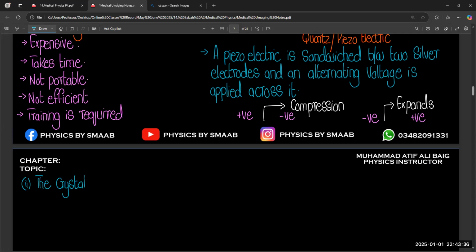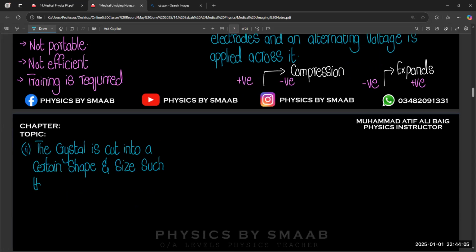The quartz crystal is cut into a certain shape and size such that it fits perfectly. Basically it depends upon the natural frequency.